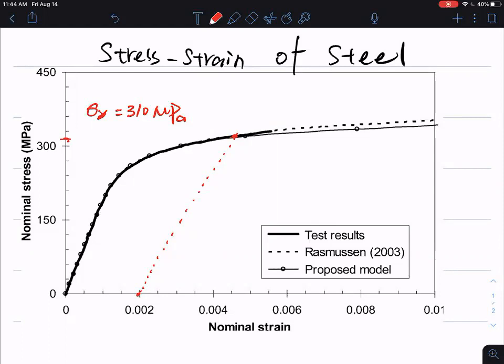Then come to this curve and find its corresponding strain.